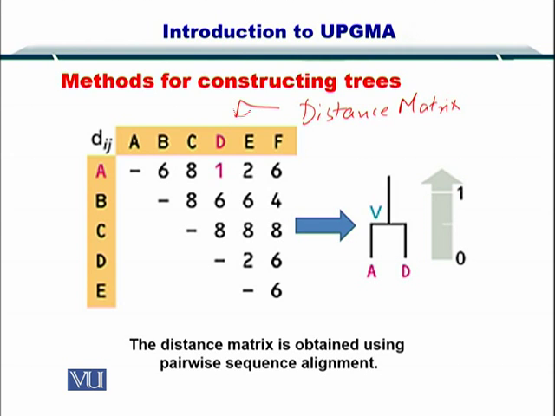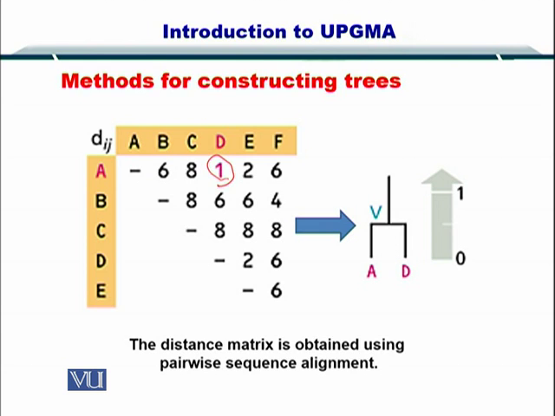So this is the distance matrix Dij, where you can easily read that the distance between A and B is 6 and the distance between A and D is just 1. Obviously, by looking at this matrix, you can understand that D and A are very similar because the distance is the smallest.